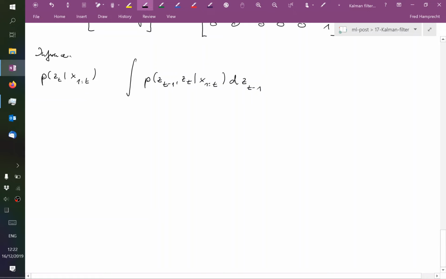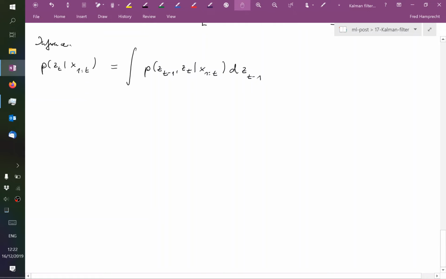So here, in fact, I could write equality, because that's exact. And now this joint distribution of z_{t-1} and z_t and x_{1:t}, I'm now interested in singling out the observation x_t. So I can write this as x_t given all of the rest, z_{t-1}, z_t, and x_{1:t-1}.